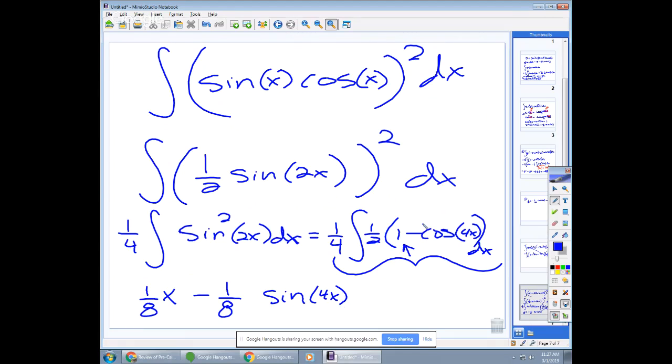That 4 isn't there, so I have to compensate with a 1/4. This negative, I got it right here. And then a plus C. Hey, that's what we got the other way. So sometimes different identities work out to the same answer, sometimes they don't. There it is.